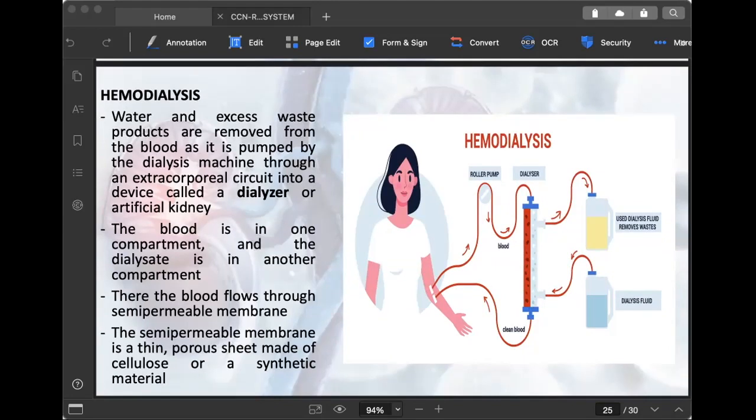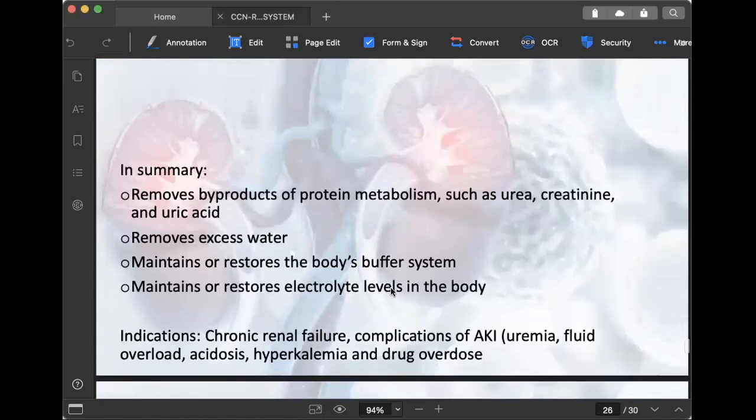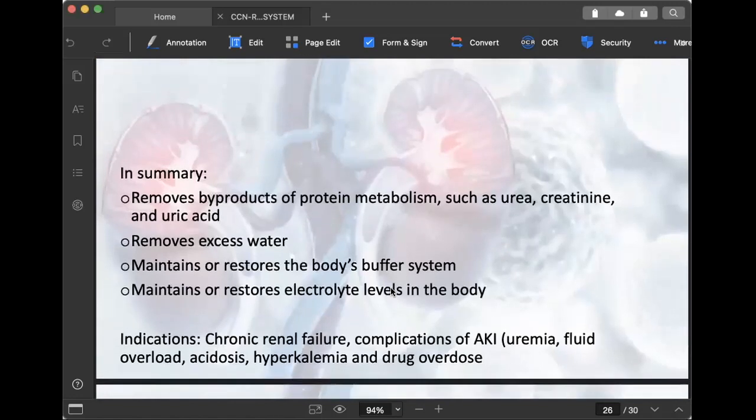It is the artificial kidney that will filter the blood so that we can remove the waste products in our body. In summary, it removes the byproducts of protein metabolism, such as urea, creatinine, and uric acid. It also removes excess water, maintains or restores the body's buffer system, and maintains or restores electrolyte levels in the body.